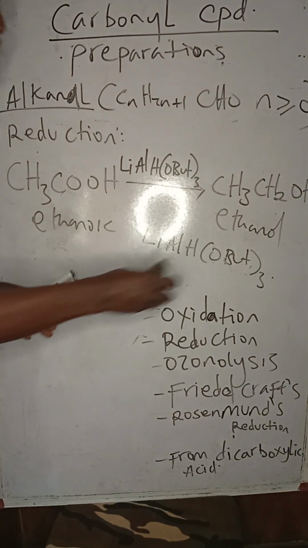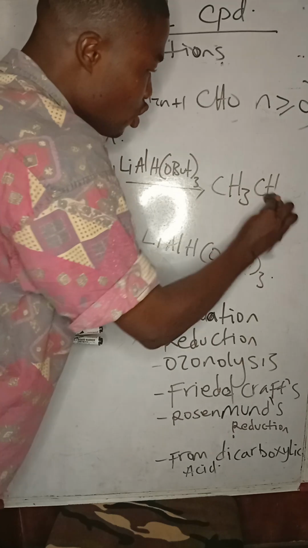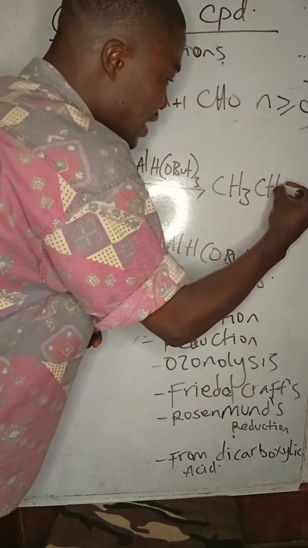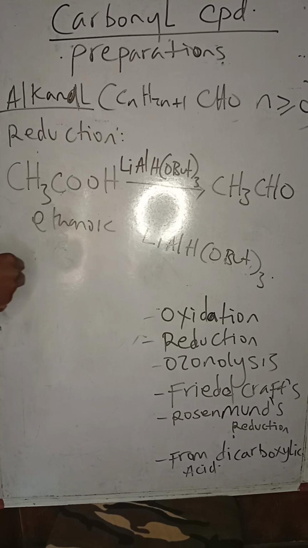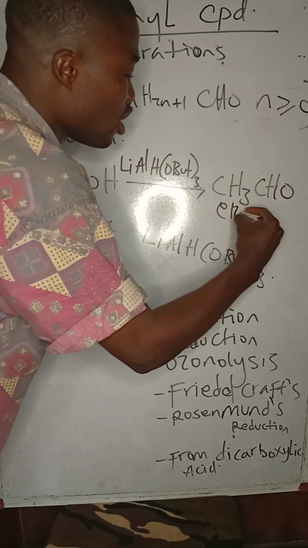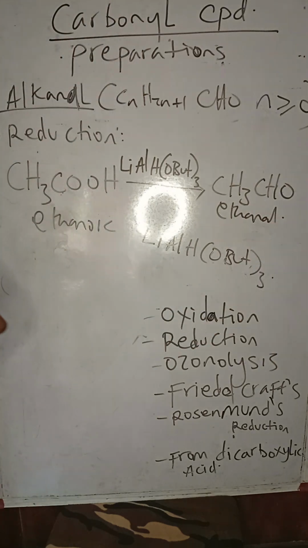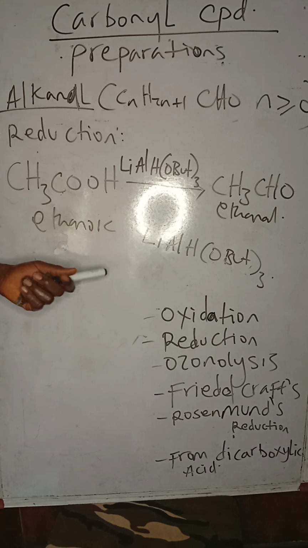Ethanoic acid this time will be reduced to ethanal. Yes, so this is reduction. This is another way to prepare alkanals.